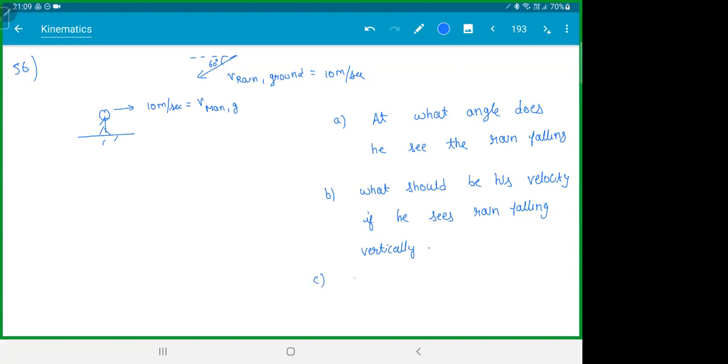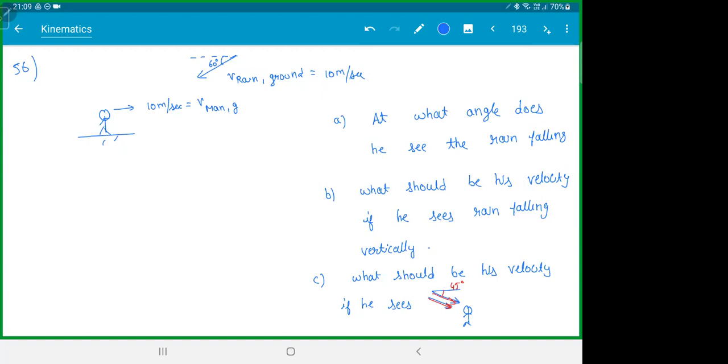Again, what is the speed if he sees the rain falling like this, at 45 degrees? He thinks rain is coming and hitting him from behind. Get the three questions.